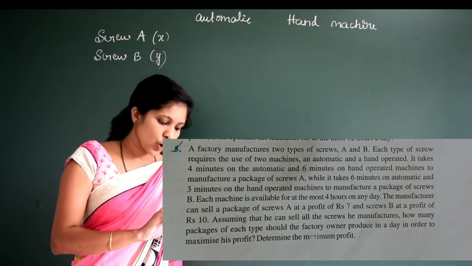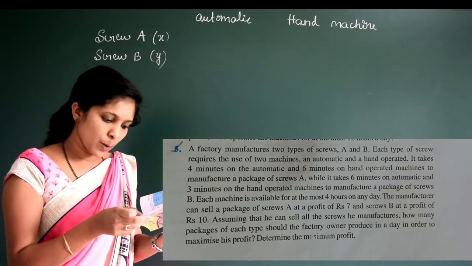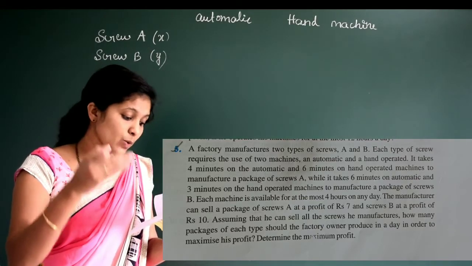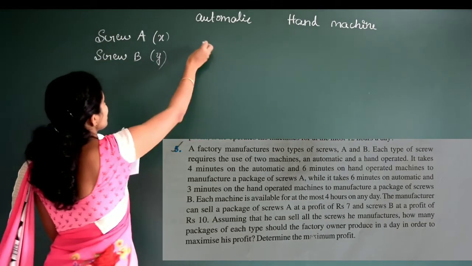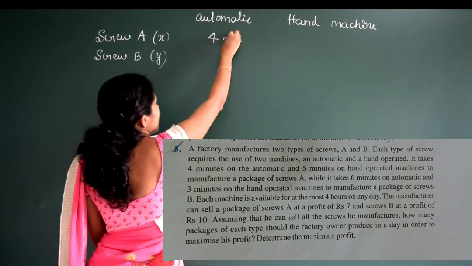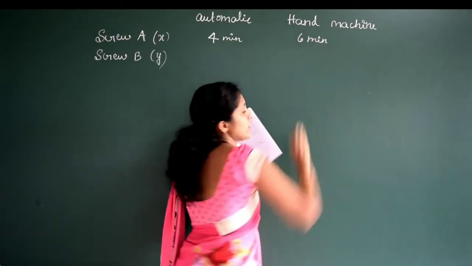It takes 4 minutes on the automatic and 6 minutes on the hand operated machine to produce a package of screw A. So this will be screw A: 4 minutes for automatic and 6 minutes for hand operated. Is it clear?